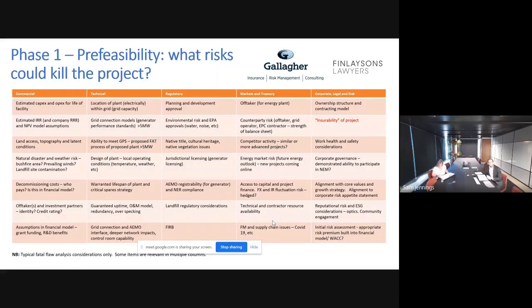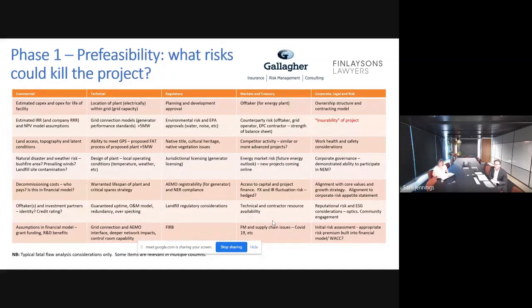So pre-feasibility is typically the fatal flaw analysis phase of the development timeline, where you're assessing the different streams of your project and looking at what could potentially kill the project, essentially. So we've put multiple streams up here as a bit of a checklist for those of you who don't already have sophisticated risk assessment processes and systems in place, to enable you to tick off the different types of risks that could cause a fatal flaw for your project and stop it from proceeding.